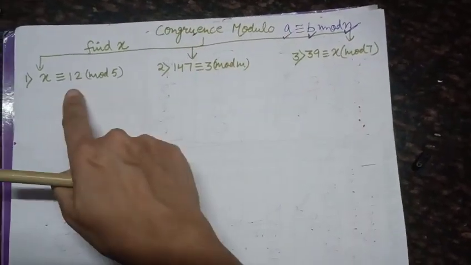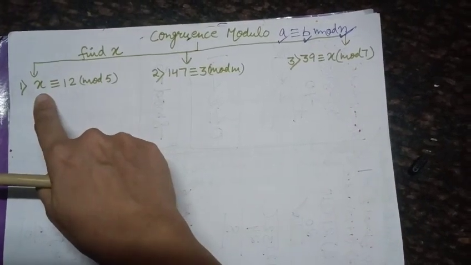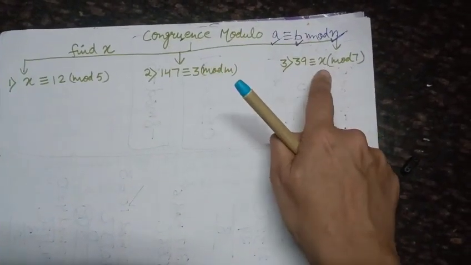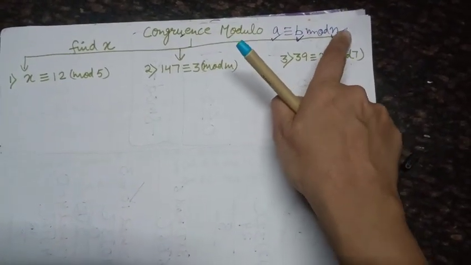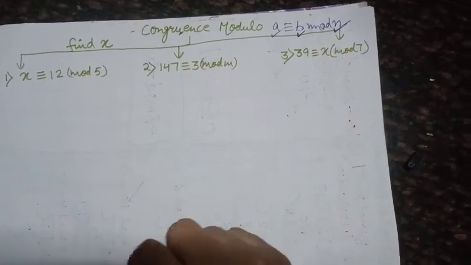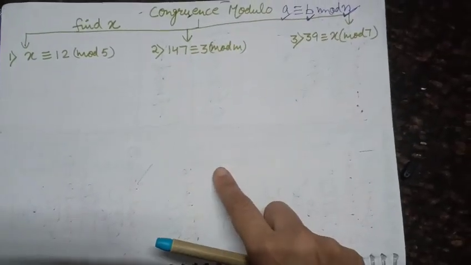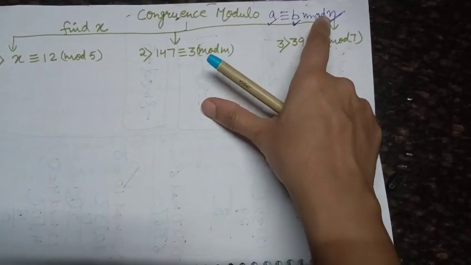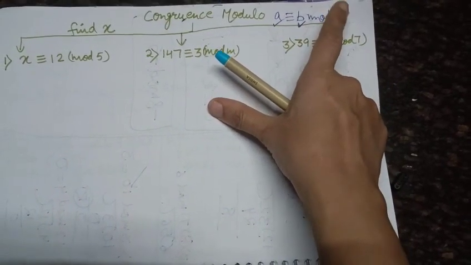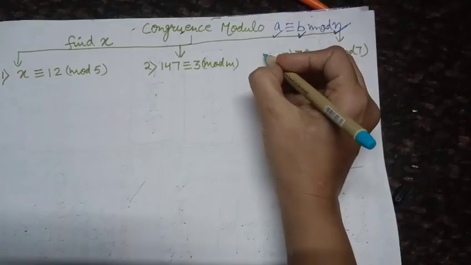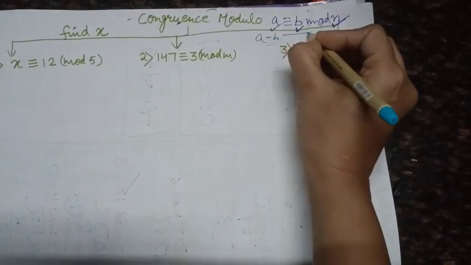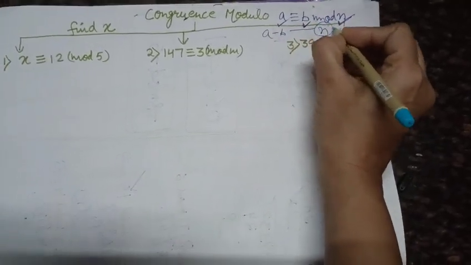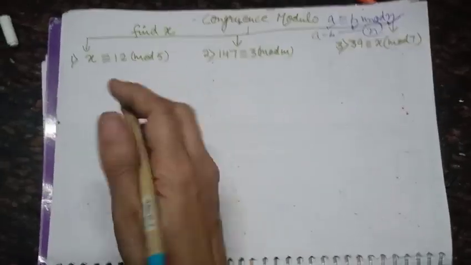When A is missing, the question is this. You need to find the value of x. Maybe B is missing, the process is this. Or maybe N is also going to be missing. So you have three kinds of questions in this topic, congruency modulo. The formula is A ≡ B mod N, and congruency modulo says A minus B is always divisible by N. So we are going to do the same process.